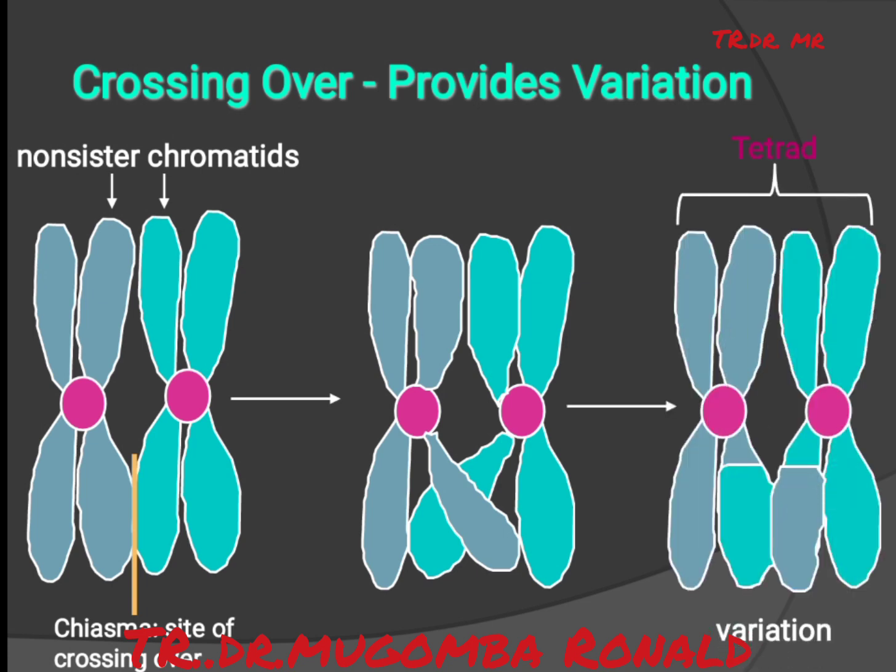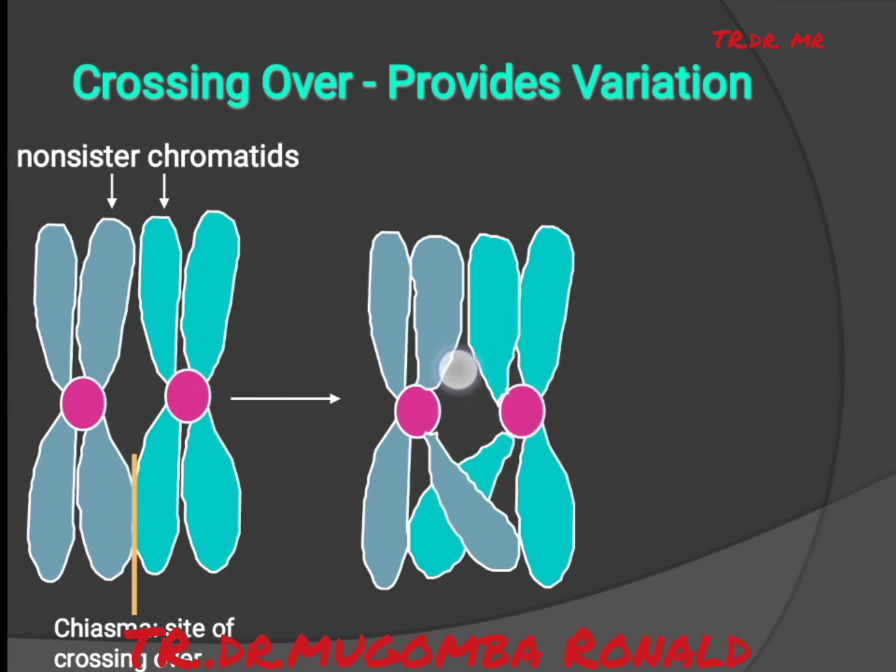So these are variations. You can clearly see that here, this is a new gene combination that has been formed. Completely new. Originally you had these two, which joined at the synapse, they joined at the chiasmata.